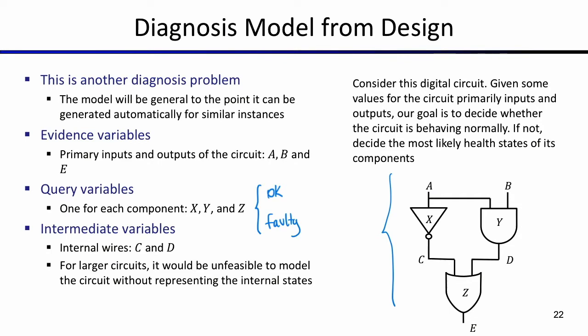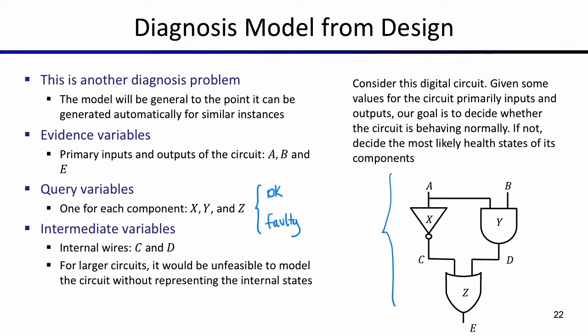And we need evidence variables. In this case, we will provide some test cases. We're going to provide some pairs of inputs and outputs in order to verify if the circuit is working okay or not. So we need one variable for each input and one variable for each output.